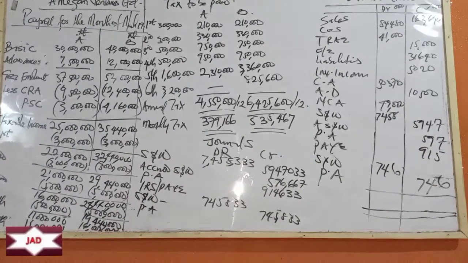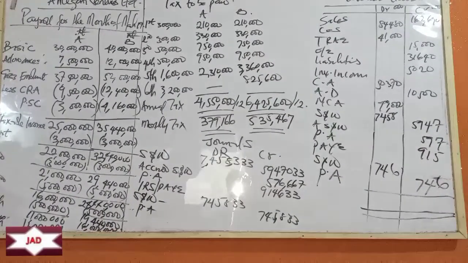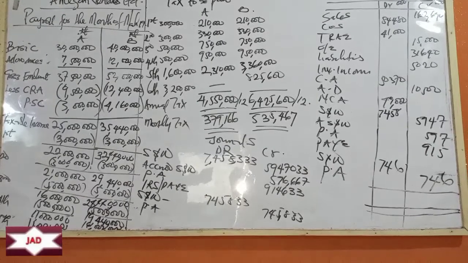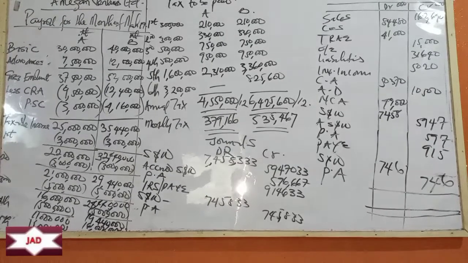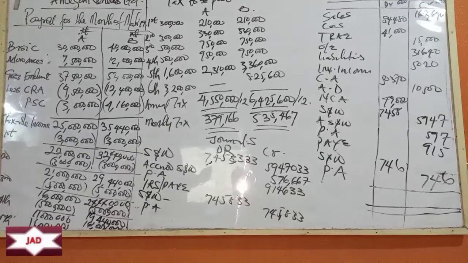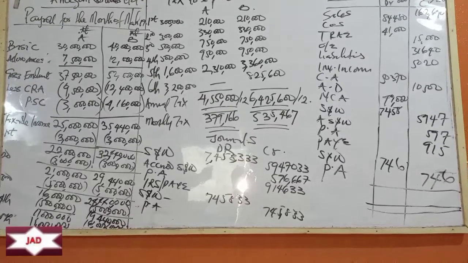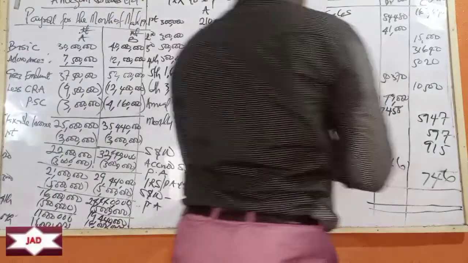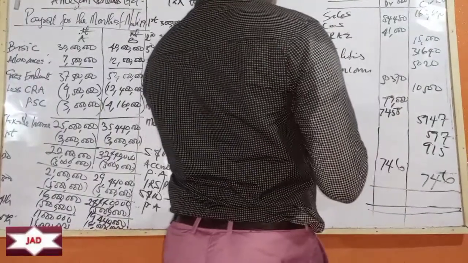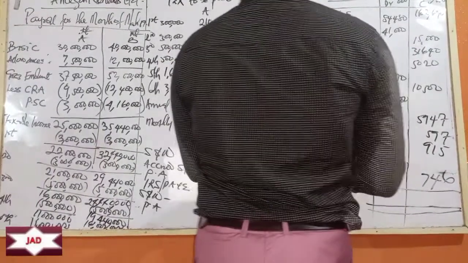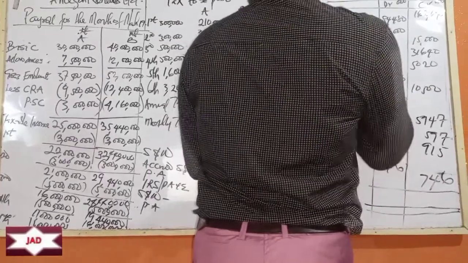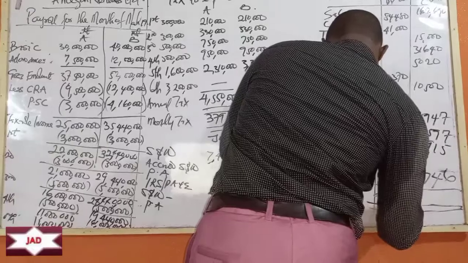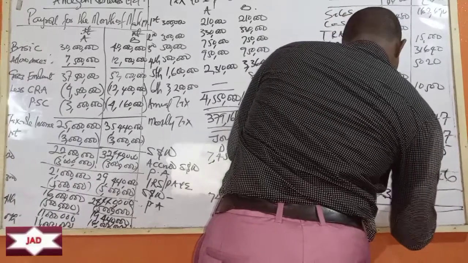I don't think that will be an issue anymore. So let's just pick it up here. The total before the addition is 224,850, right? Plus 7,458 plus 746, so I have 233,054.